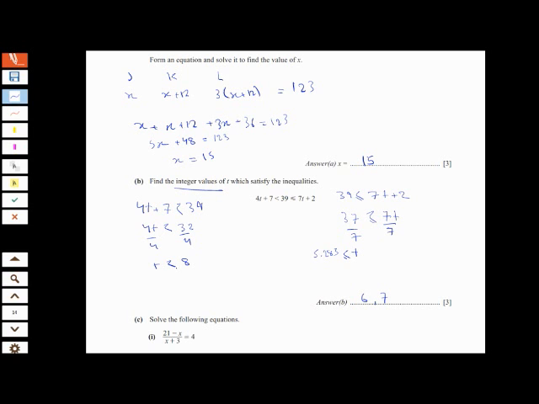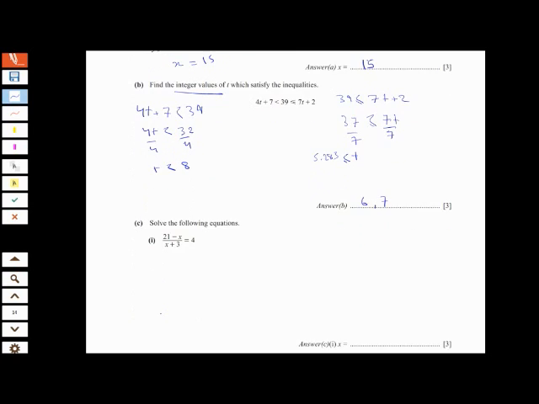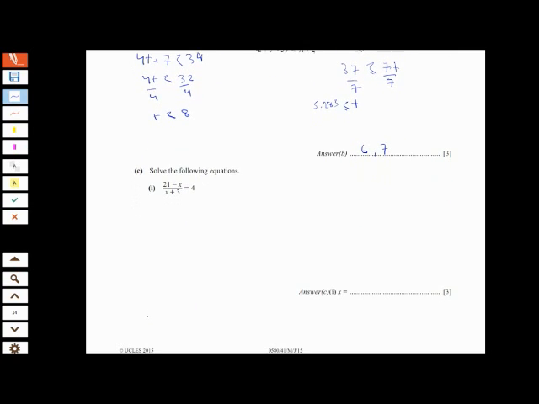And now solve the following equation. Solve it. Multiply x minus 3 from both sides. You'll end up with x plus 3, 21 minus x, 4x plus 12. And then put x on the same side and 12 on the other side.